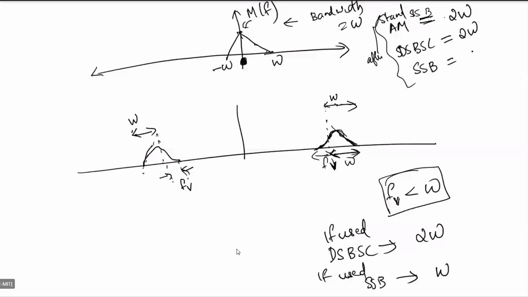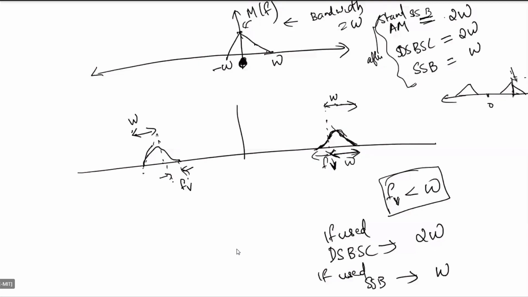But because this spectrum has a significant component near the zero frequency, on this signal we cannot do SSB. How to do SSB? DSB-SC itself will look like this, and to get the upper sideband, you have to separate like this.